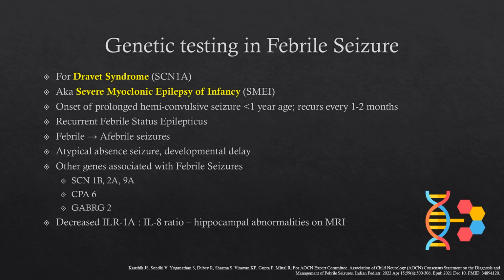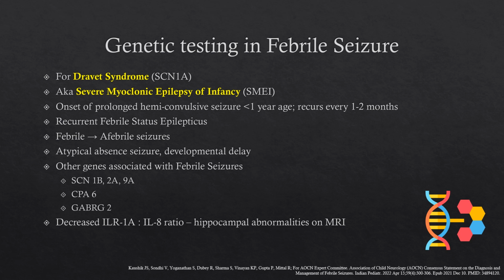So the seizures gradually get more and more severe. It is also usually associated with atypical absence seizures, and sometimes with developmental delay also. So if this type of history is present and there is a high suspicion of Dravet syndrome, we need to do genetic testing for SCN1A gene mutation.